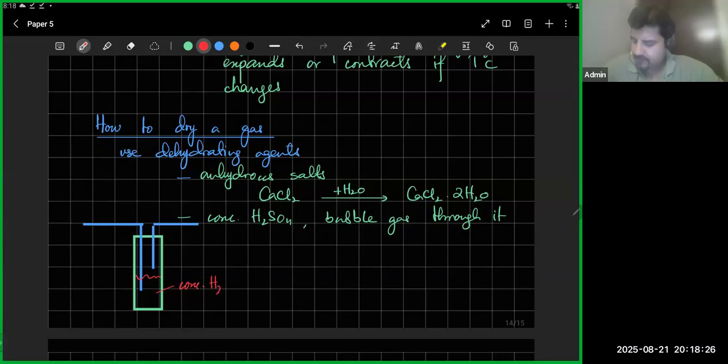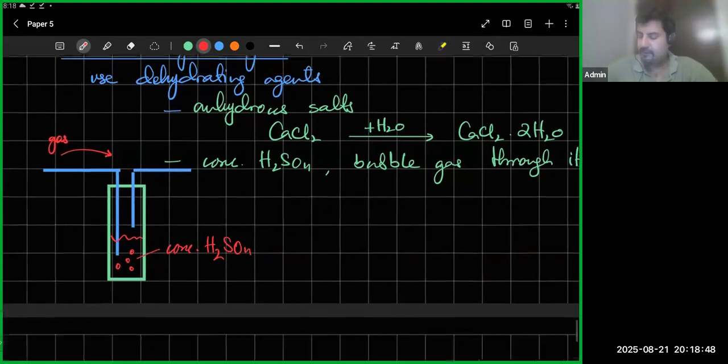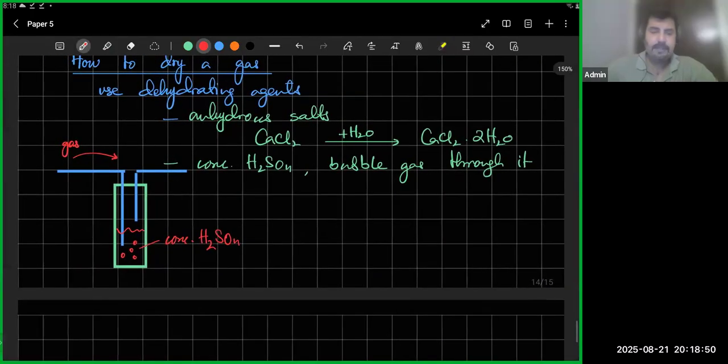You've got concentrated sulfuric acid over here, and the tube where the gas is coming from has to be inserted into the concentrated sulfuric acid so it bubbles, and the other one has to be outside it. Okay? So make sure you draw this correctly, especially when you're trying to dehydrate a gas.